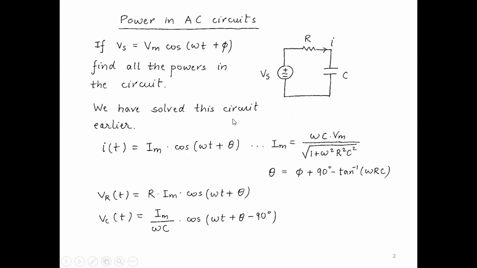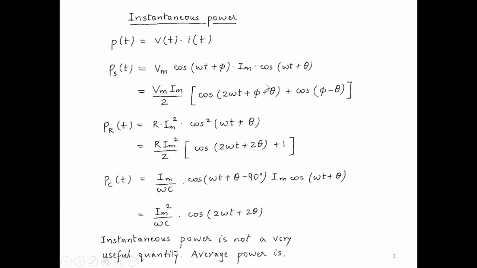I'm just directly taking it from here. So this is Vm Im times cos C cos D, which is cos(C plus D) plus cos(C minus D) divided by 2. So we'll get cos(2 omega t plus phi plus theta) and cos(phi minus theta).